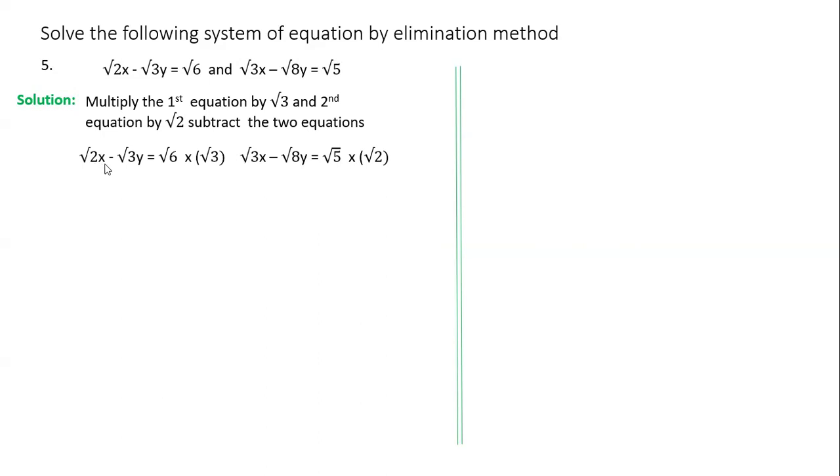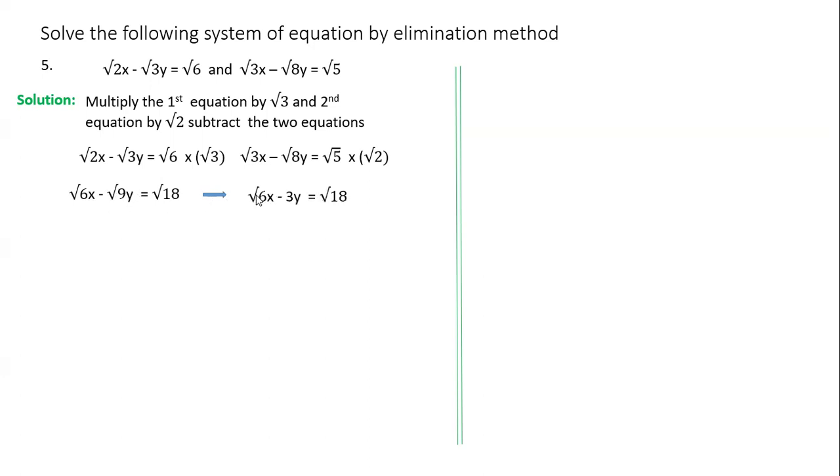Multiply. Root 2x minus root 3y is equal to root 6 into root 3. Root 3x minus root 8y is equal to root 5 into root 2. When I multiply, root 6x minus root 9y is equal to root 18. This could be written as: root 6 is not a perfect square, but this is a perfect root.